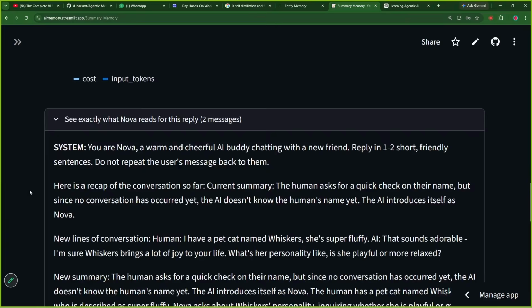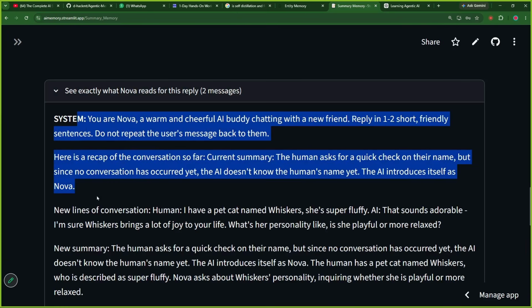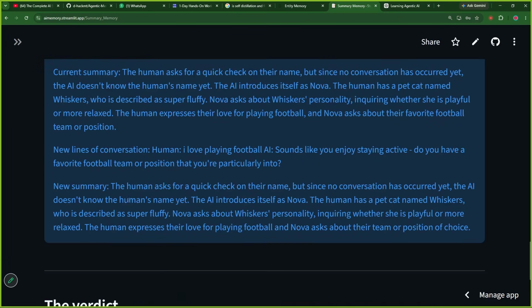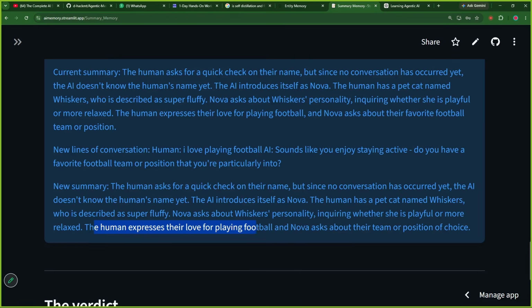And here, new summary: the human asks, etc., introduces Noah, then inquiring, she's playful and more relaxed. User: I love playing football. So this is how messages are being traced. Now, this is the new summary: the human expresses their love for playing football, and Noah asks about the team or the position of choice.